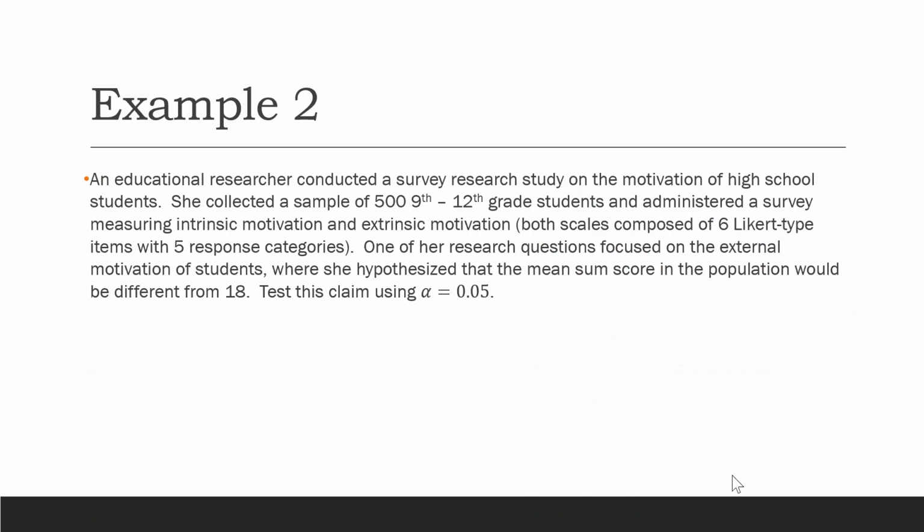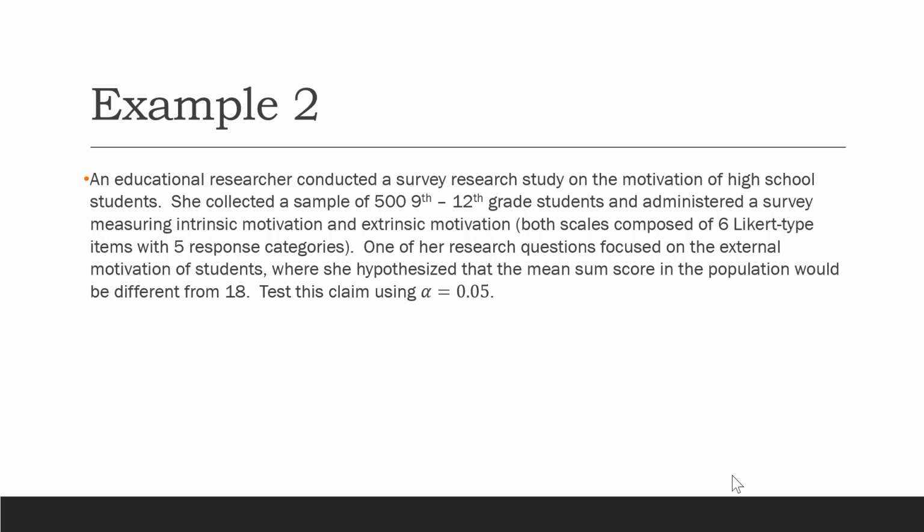So we have two scales here, and they both are composed of 6 Likert type items, and each of those items have 5 response categories. One of her research questions focused on the external motivation of students, where she hypothesized that the mean sum score in the population would be different from 18.